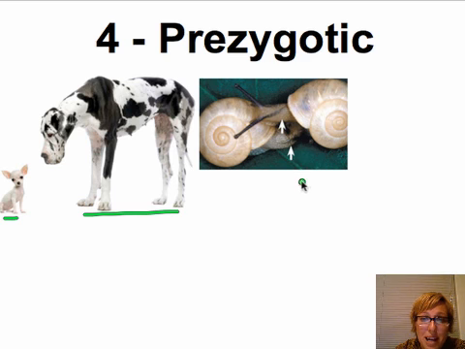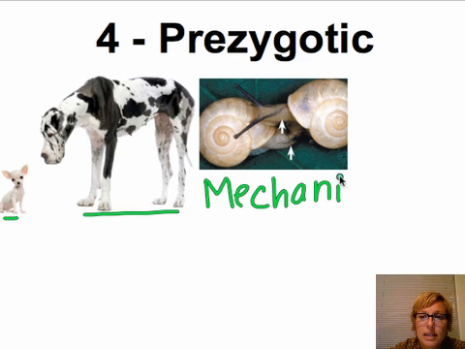They might try and they might be very, very confused at what's going on, but their reproductive organs aren't able to line up, and therefore they can't successfully complete mating. Now, this is called, once again, a mechanical factor.